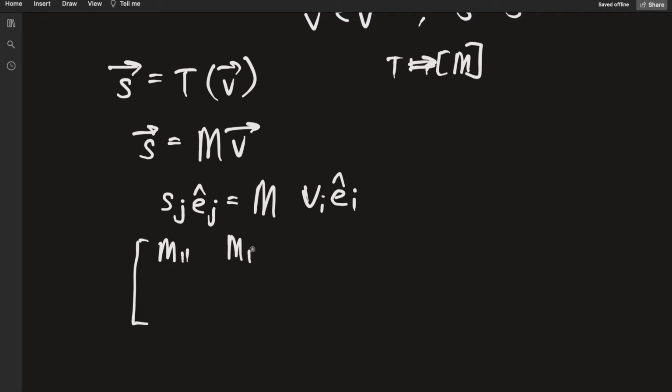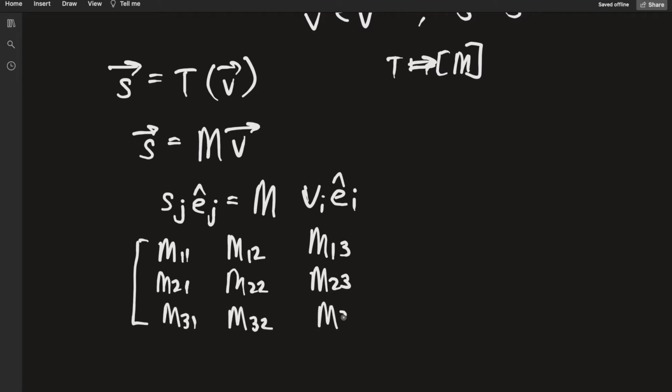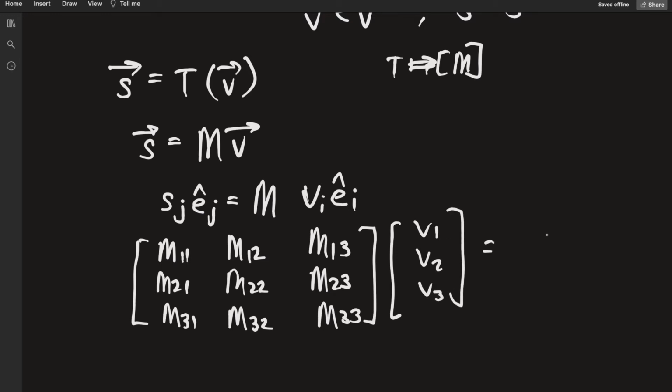So you have a matrix like this: M11, M12, M13, M21, M22, M23, M31, M32, and M33. You apply that on some vector v, which I'm going to write as v1, v2, v3, and you get some vector s1, s2, s3.